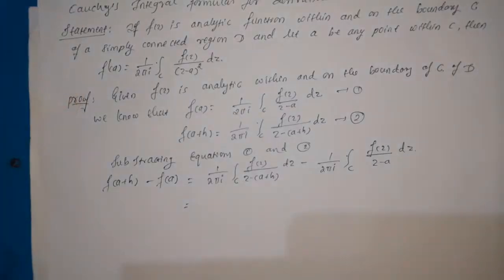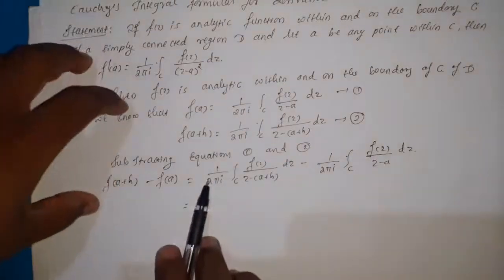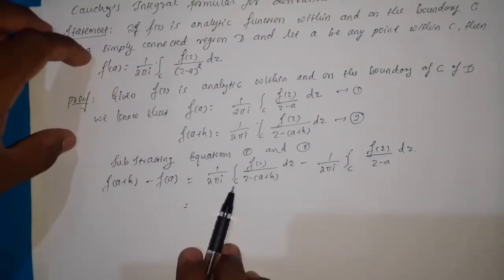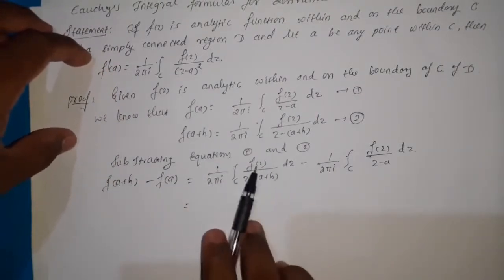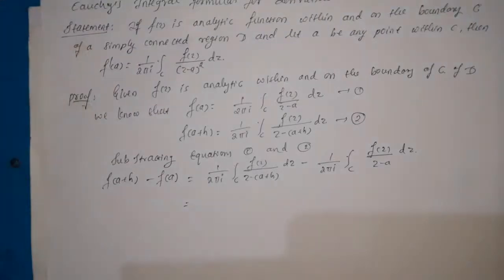Now let us take the common things in these two functions. So here 1 by 2 pi i is common, and integration over C dz f of z. So all are common, only 1 by z minus of a plus h and 1 by z minus a are the different things.